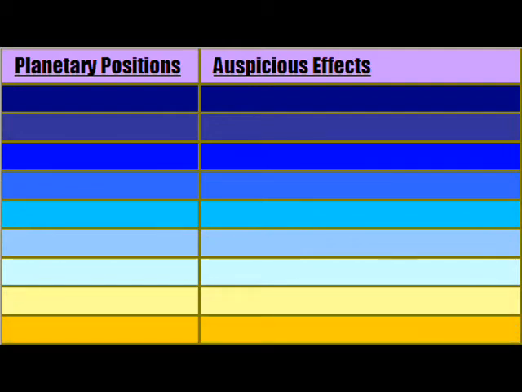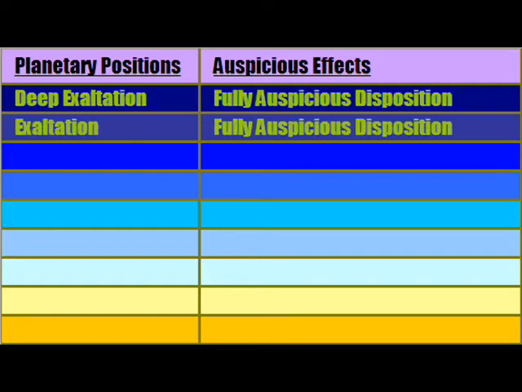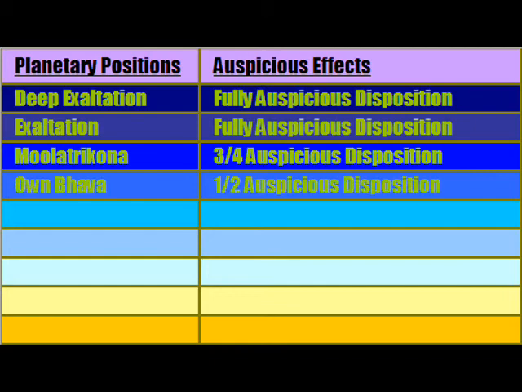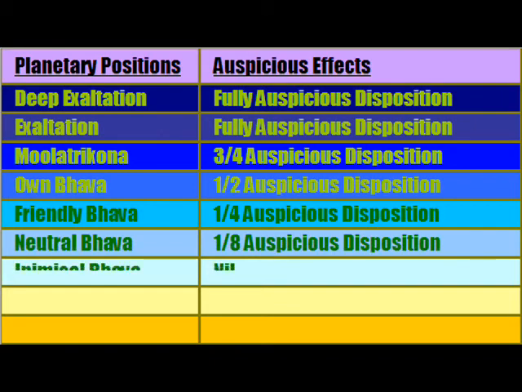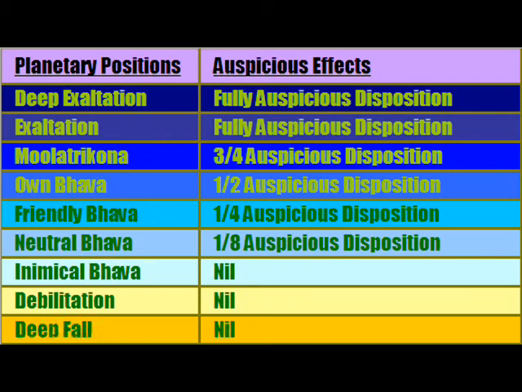The auspicious effects should therefore be reduced or increased accordingly if the planets lose or gain strength through other sources. But let's confine the discussion of positional strength of planets to this chart for now. Having said that, this table will still help you guess the strength of planets in a given horoscope.